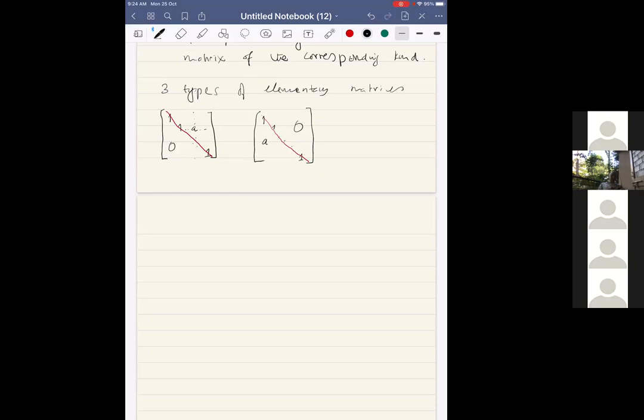Of course, if a is 0, this is just the identity matrix, so that is nothing special. So we will assume that a is non-zero.